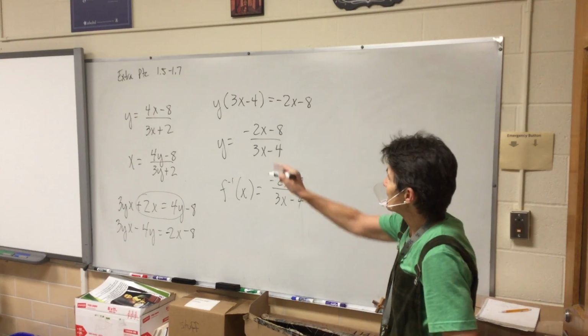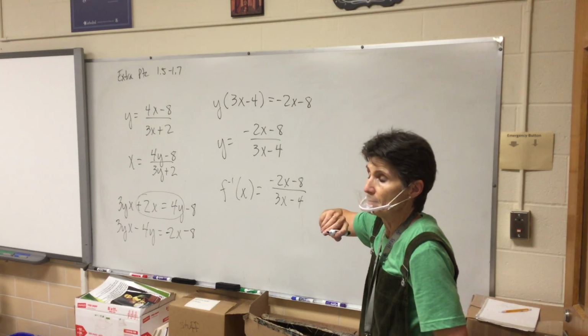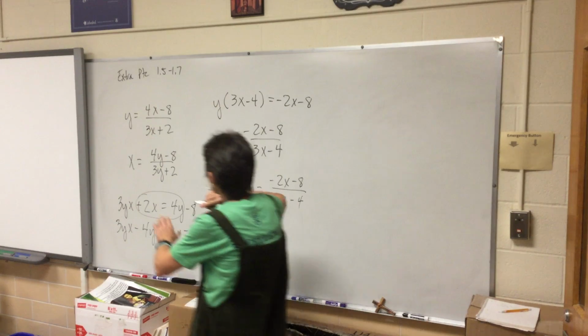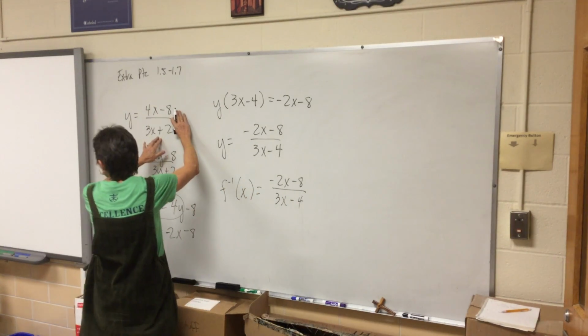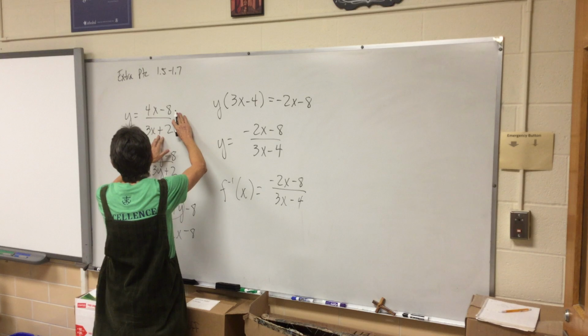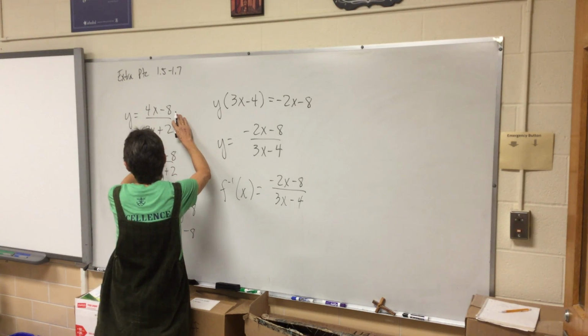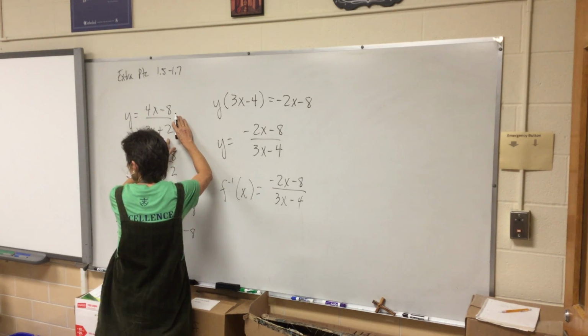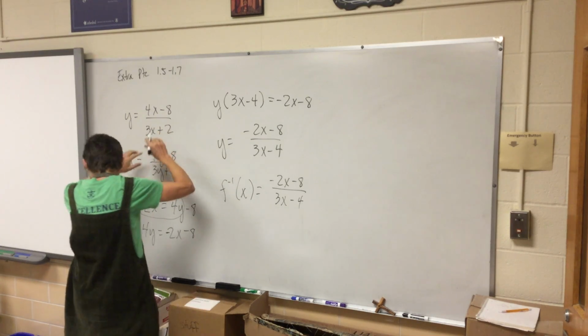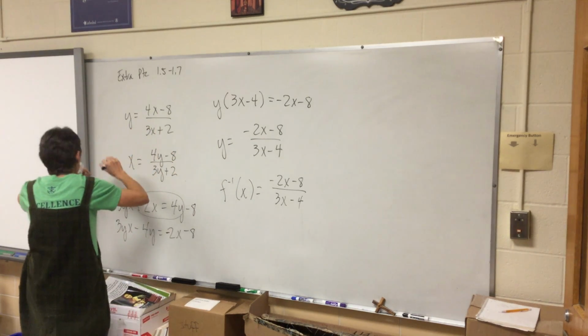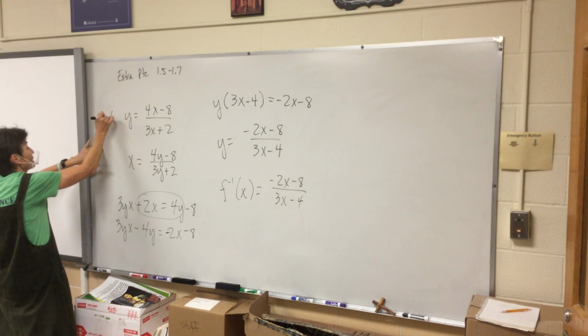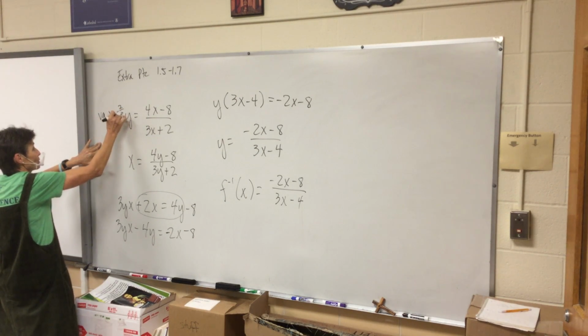Now, in the beginning, the original problem, right here, we have a vertical asymptote where? Where's going to be your vertical asymptote? Negative 2/3.